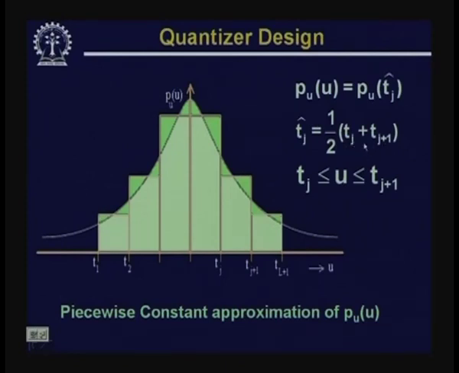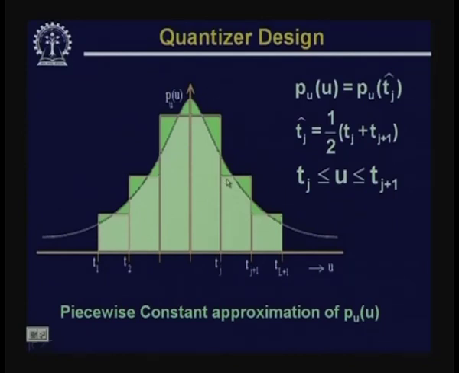Within this interval, we can approximate p(u), which is actually nonlinear, as p(T j hat). So, in between every two transition levels, we approximate the probability density function to be a constant, the same as the probability density function at the midway point between these two transition levels. If I do that, this continuous probability density function will be approximated by a staircase function like this.